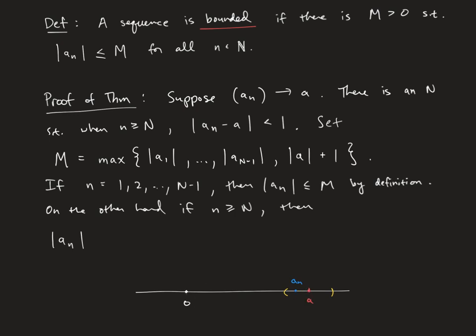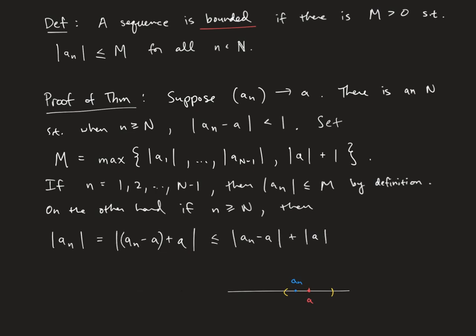So again, this is showcasing the same trick as in the previous proof. To get a involved, you just add a and subtract a at the same time. So we subtract and we add. Okay, and if you think about them as two terms like this, you apply the triangle inequality. So this is less than or equal to the absolute value of an minus a plus the absolute value of a.